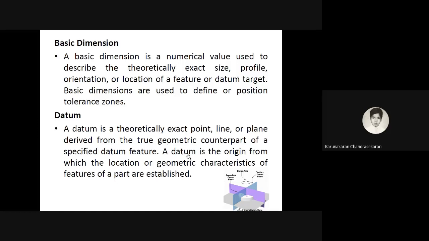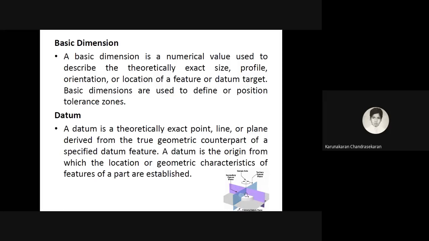So this I have mentioned here, a datum is the origin from which the location or geometric characteristics of features of a part are established. So here in this case, establishment can be like this. It is resting on plane 1, the primary datum, primary plane, datum plane, and it proceeds with the secondary datum.